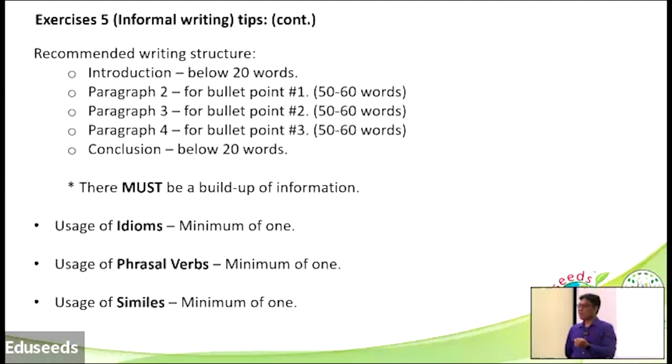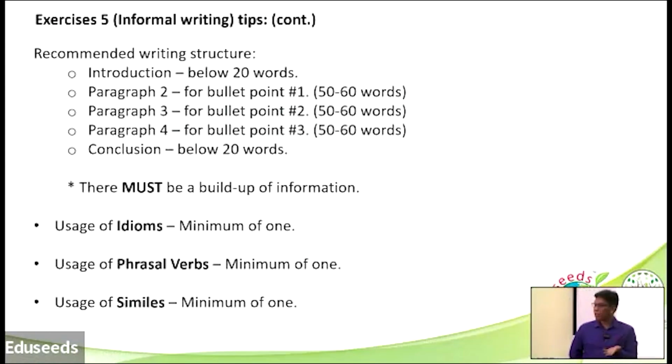So this will be the recommended writing structure. For the introduction and the conclusion, keep it below 20 words. For paragraphs 2, 3, and 4, between 50 and 60 words. So paragraph 2 will contain all your points for bullet point 1. Paragraph 3 will contain all the information for bullet point 2.